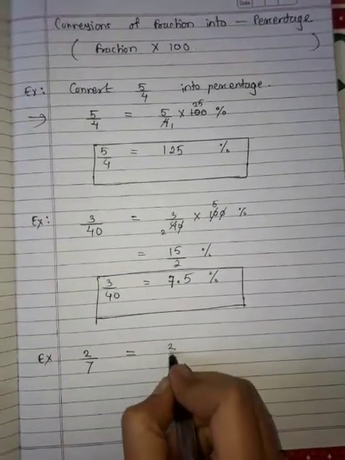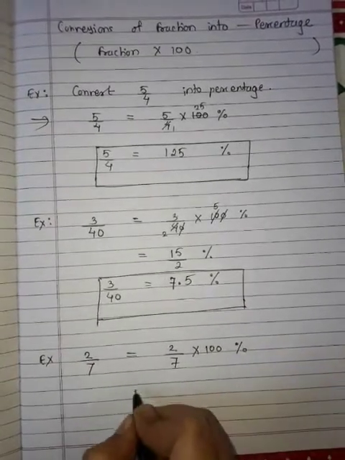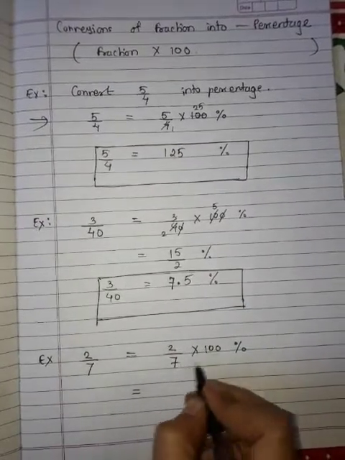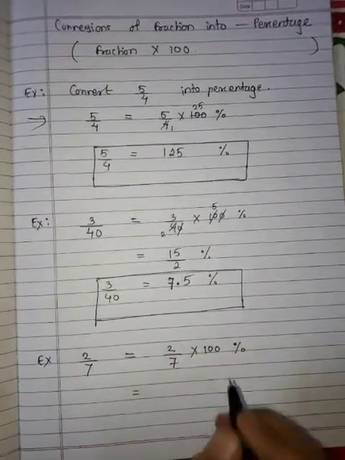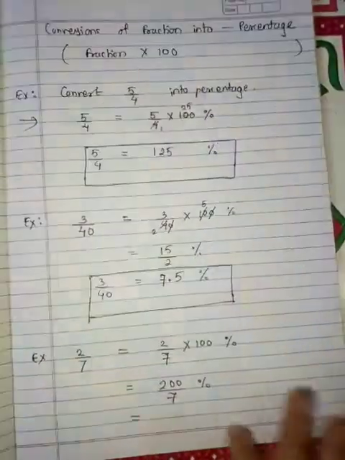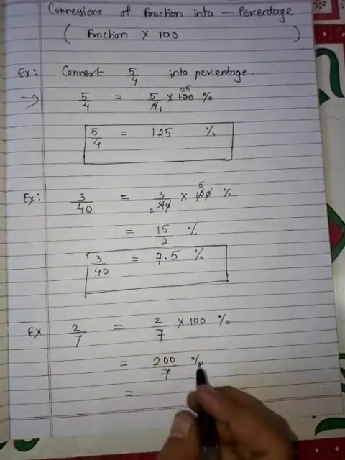See third, convert the fraction 2 by 7 into percentage. While converting the fraction, we multiply by 100. Write the symbol of percentage. Now we have to calculate this term. If we multiply, then we get 2 into 100, 200 by 7.